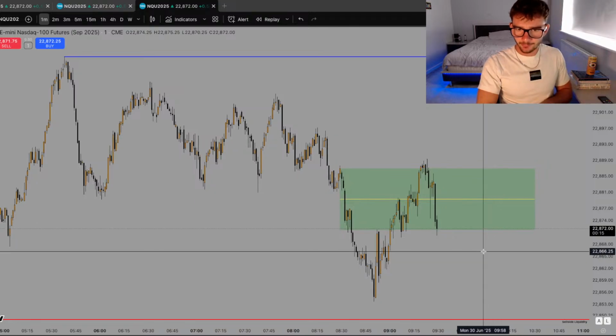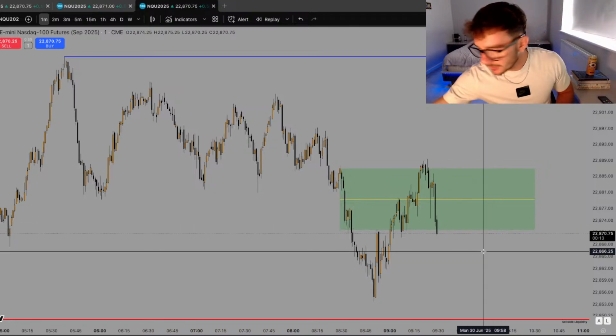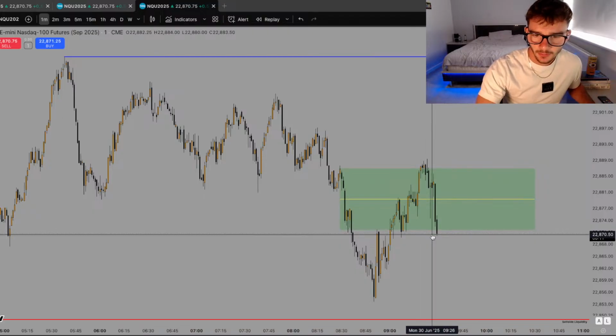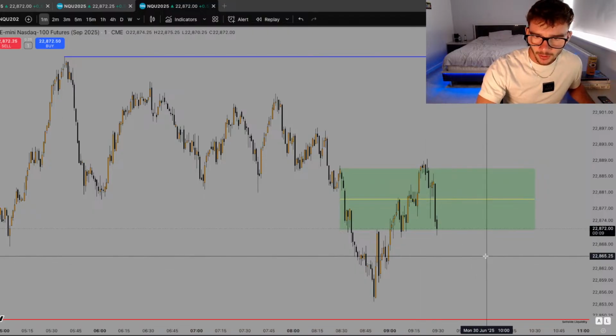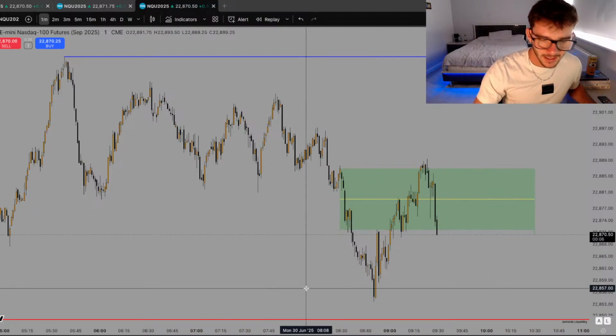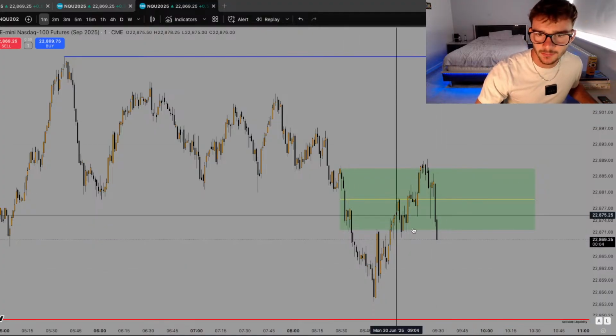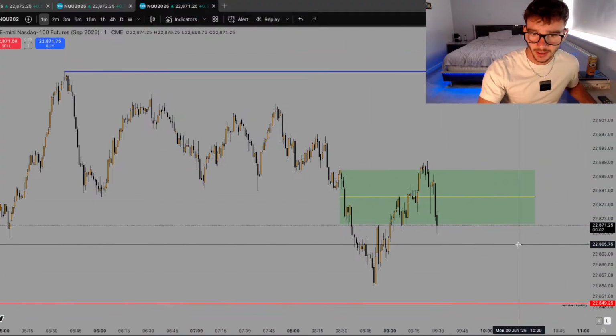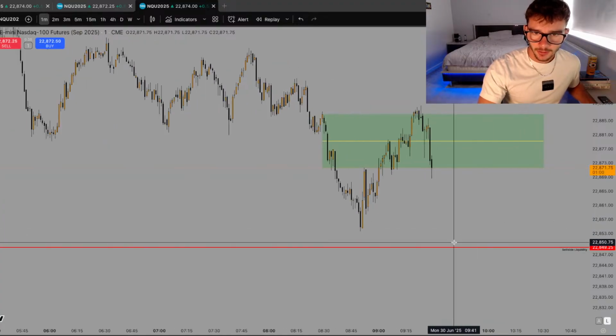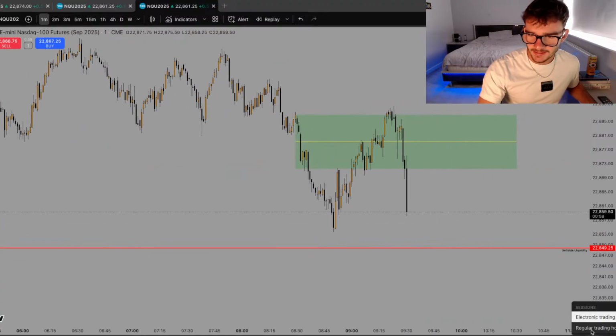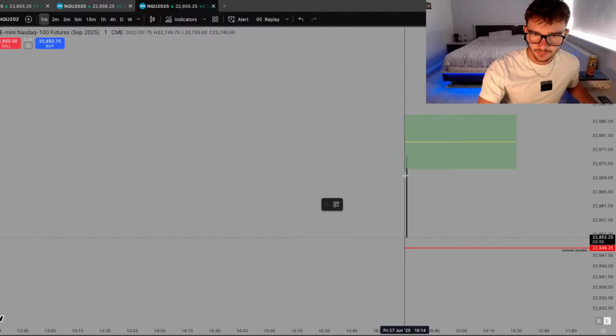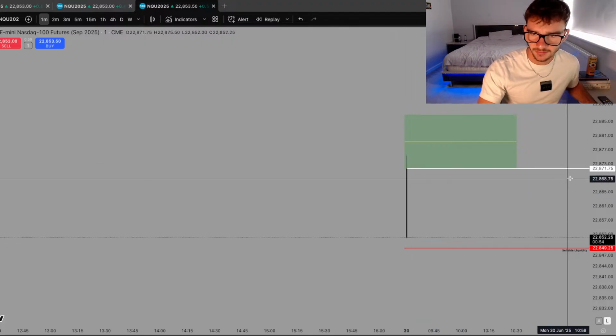I need to take this off my wrist as well because it's annoying where it's sitting. But my idea for these streams, as far as actual trading, is I want to focus on the first presented fair value gap, since that offers something a bit more consistent for me personally.